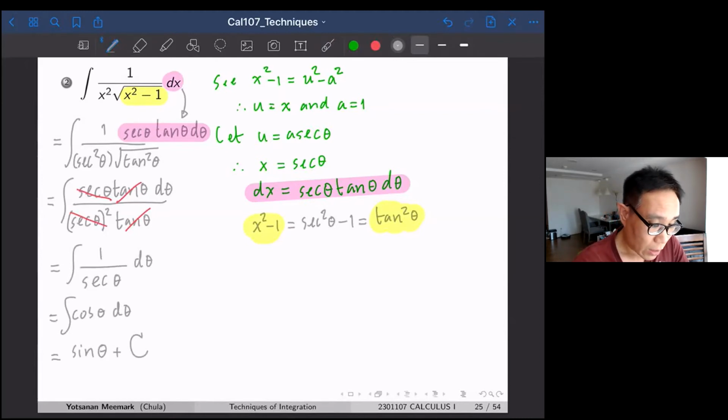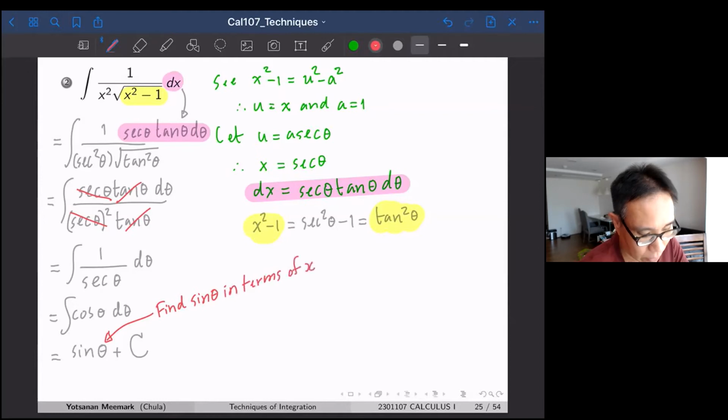However, this one is in theta, so we must find sine theta in terms of x. So you must find sine theta in terms of x for me. So you're going to see that you have x equal to sec theta.